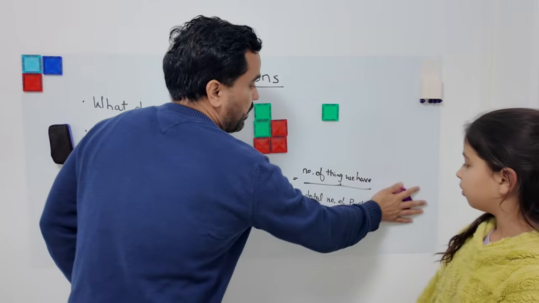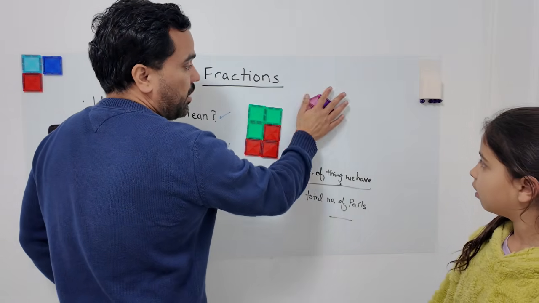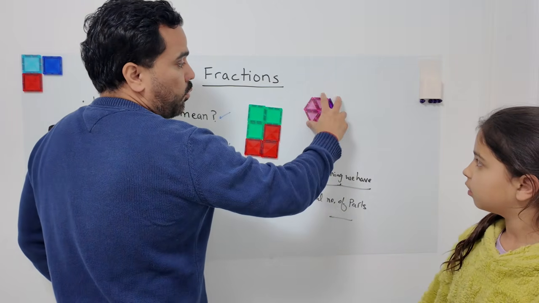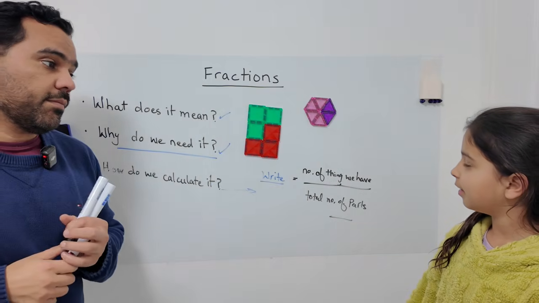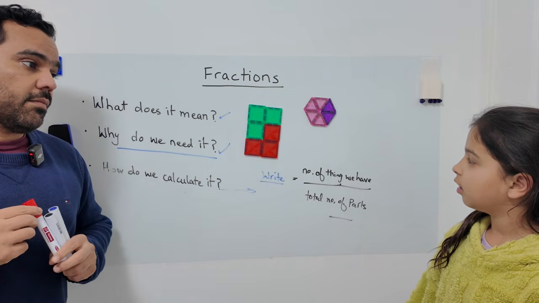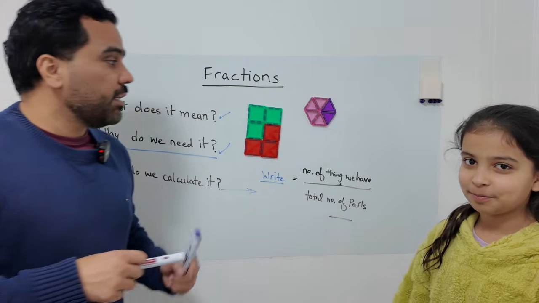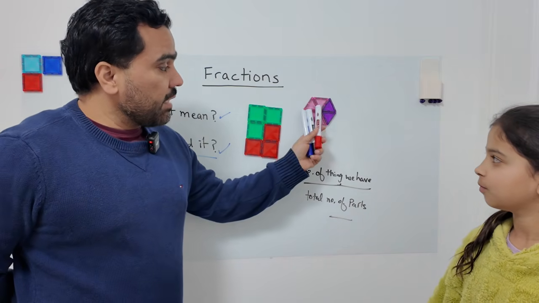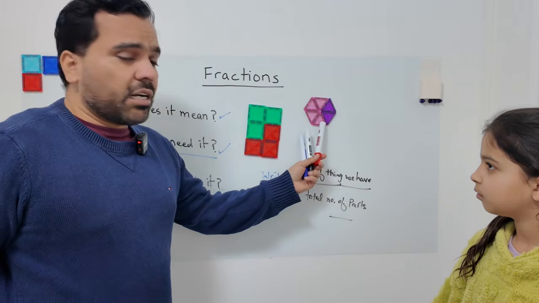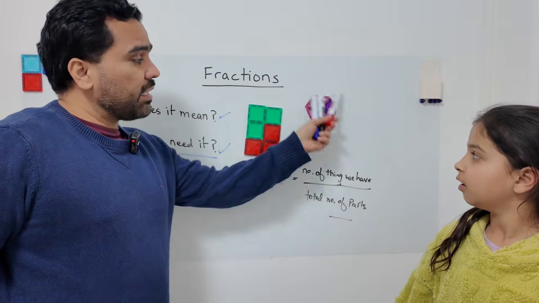Let's take another example. If the examiner would ask, what shape is this? It is a hexagon. So I'm asking, what are the shaded parts of this hexagon?